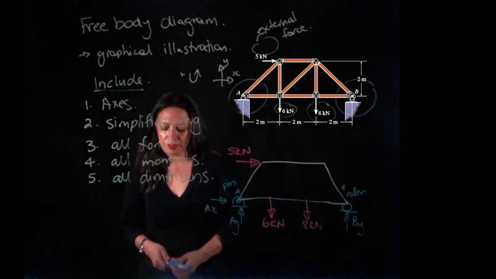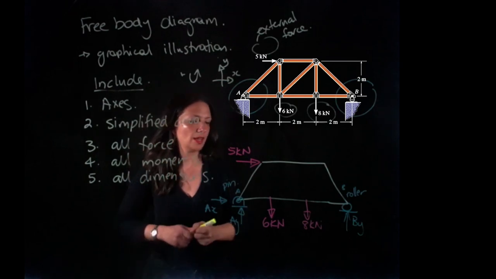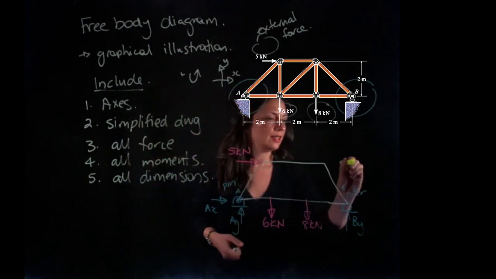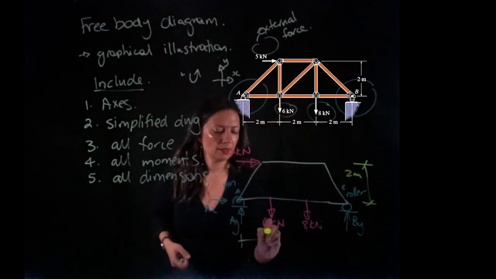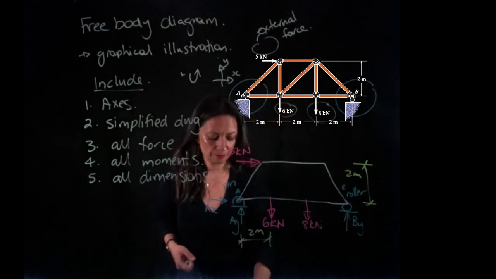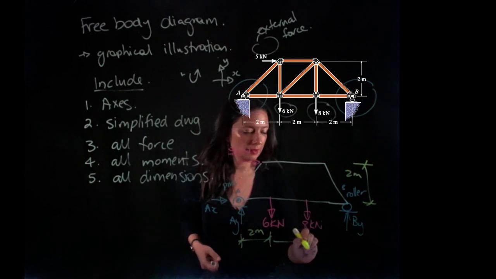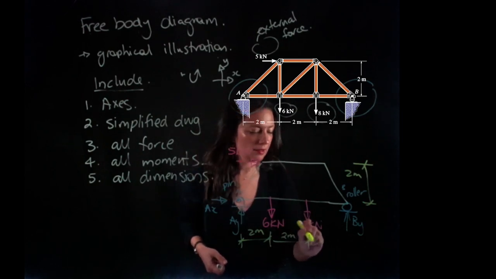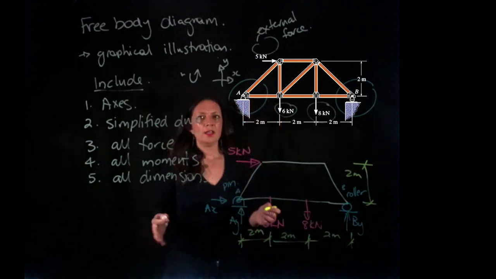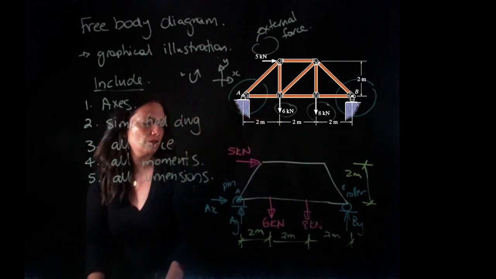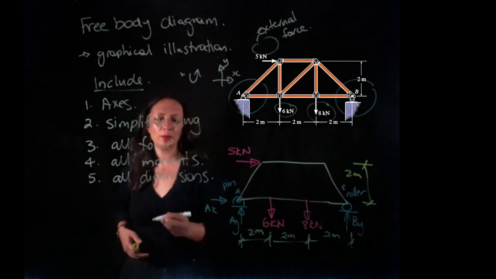The last thing left to do on our free body diagram is to put our dimensions on. So we have 2 meters, and 2 meters, and 2 meters.